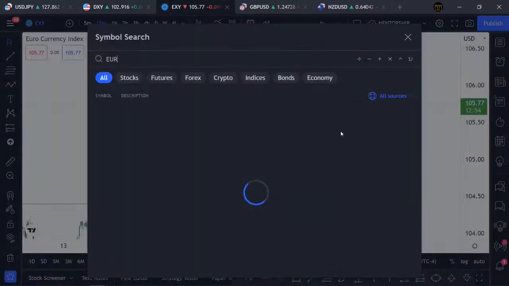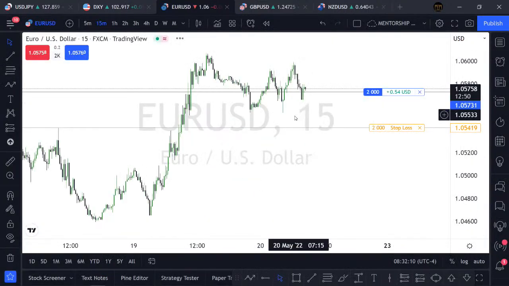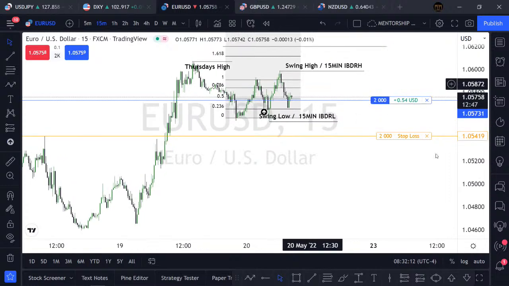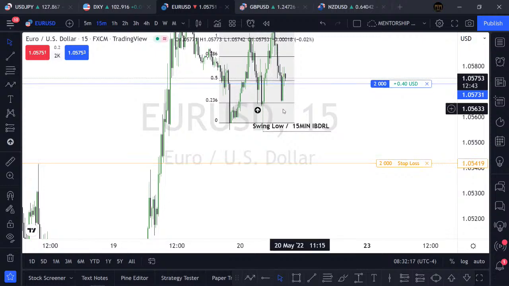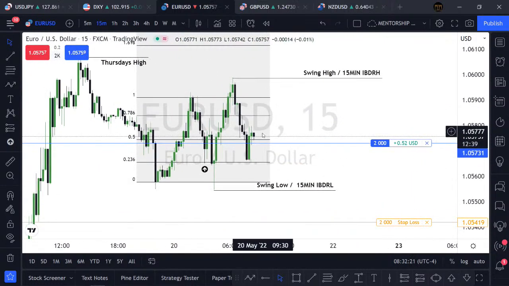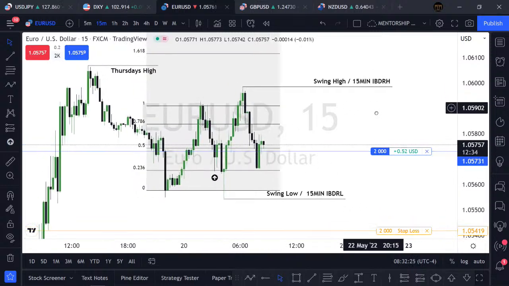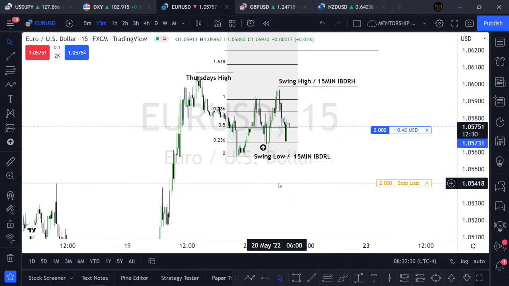Let's look at the euro USD. So it's the euro USD. I have a lot of stuff here, but I'm trusting this. That's why my stop loss is down here. Okay, this is for demo trading.